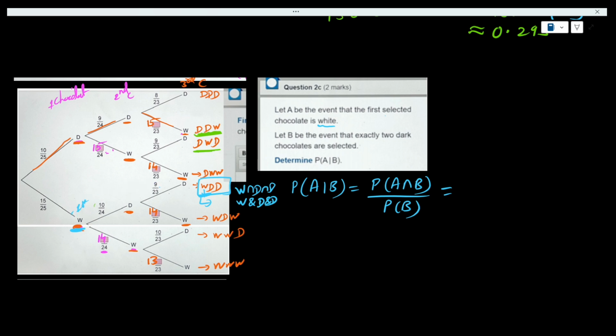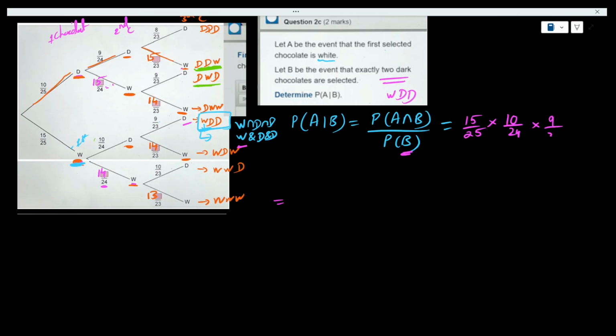So what can I write down here? What is going to be the probability of A intersection B, the first chocolate to be white and the second and third chocolates to be dark? The first chocolate is 15 by 25, times the second chocolate dark, 10 by 24, times the third chocolate dark, 9 by 23.